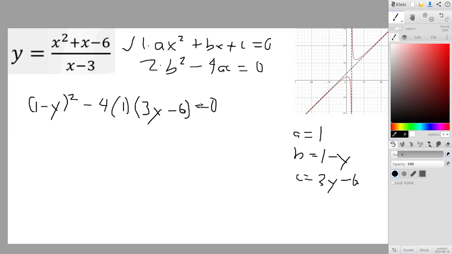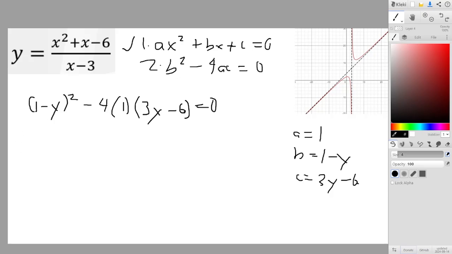And then this is equal to 0. So we just have to expand this, basically. Let's start off with the squared expression.